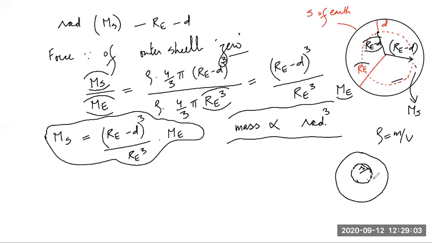Let's say the mass of this sphere is Mr. So I can say Mr is also proportional to r cube. You got it? Any sphere inside the Earth. Let's go further.